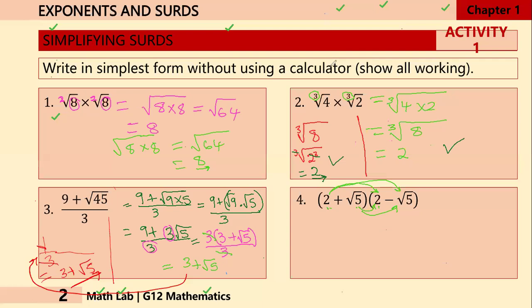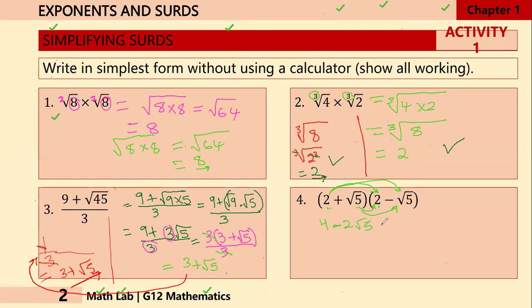All right, so let's see. So now it's going to be 2 times 2, which gives us 4. And then 2 times minus root 5 is going to give us minus 2 root 5.